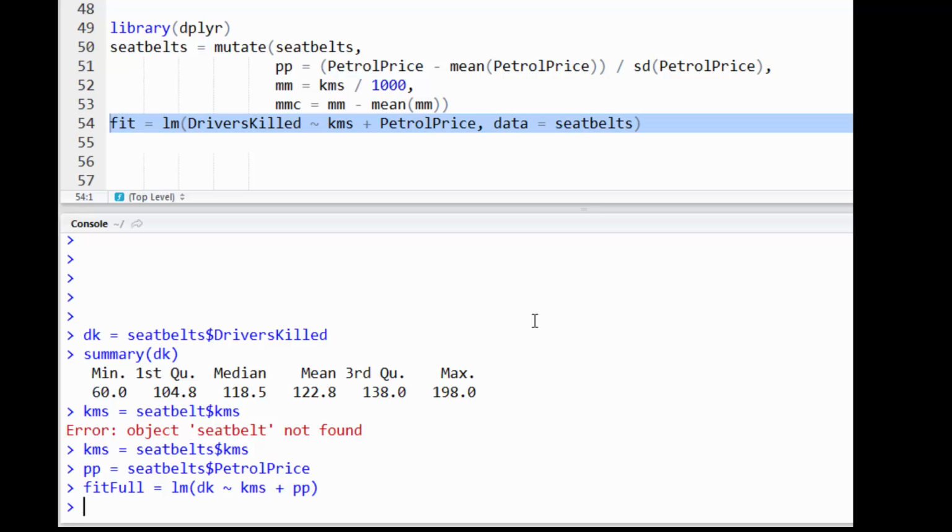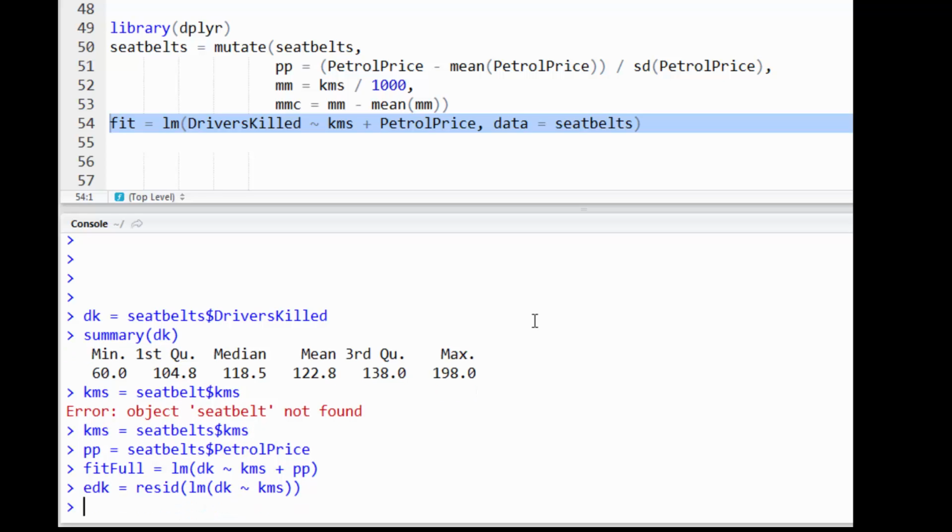And then let's regress kilometers out. The residual for drivers killed is going to be the residual for the linear model that takes drivers killed and fits kilometers. Now this automatically includes an intercept.